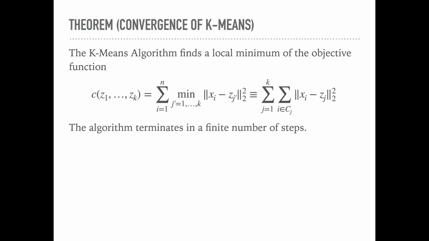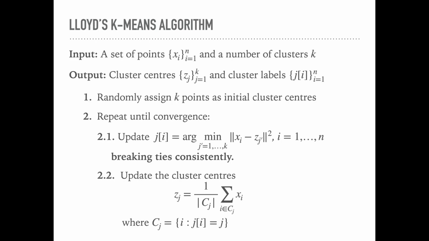So, we're going to do this in basically 2 steps. If we recall the algorithm, it only does 2 things. One of them is just bookkeeping. Step 2.1 is bookkeeping. We know that we want the label to be the one that has the closest cluster center.